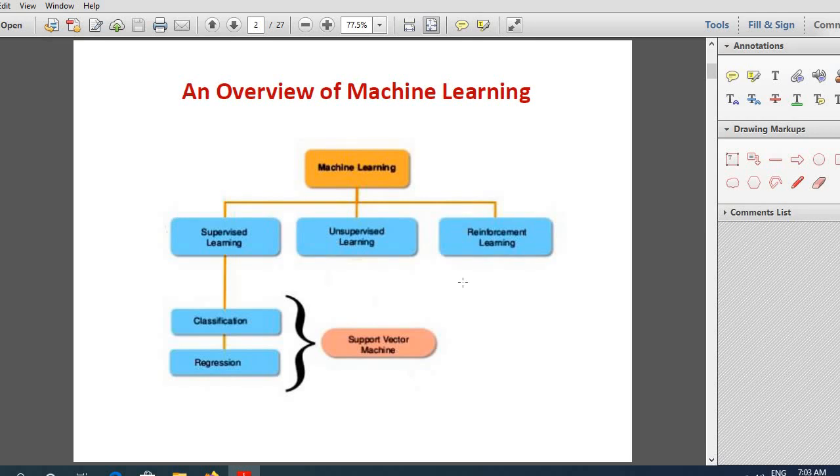Before that, let us have an overview of machine learning. You know that machine learning involves mainly three techniques: supervised learning, unsupervised learning, and reinforcement learning. In supervised learning itself, we have classification as well as regression.